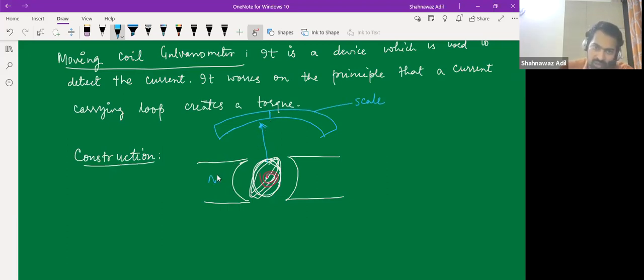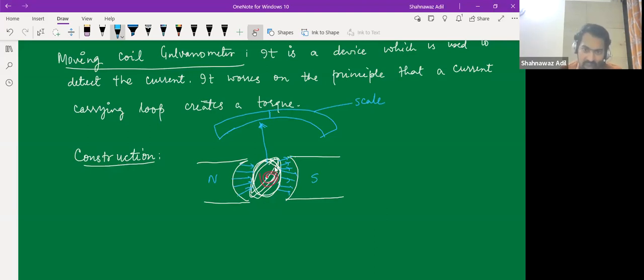These are the two magnets, and they are providing the magnetic field radially. So this is the basic diagram of the moving coil galvanometer.